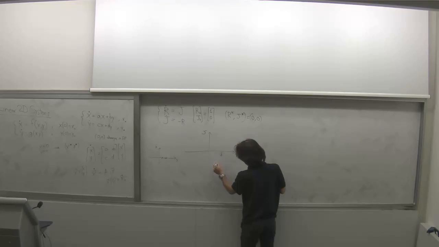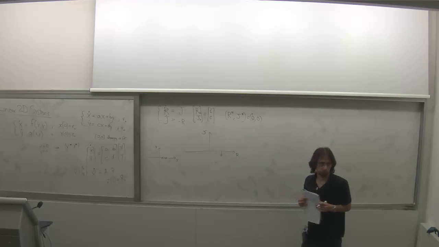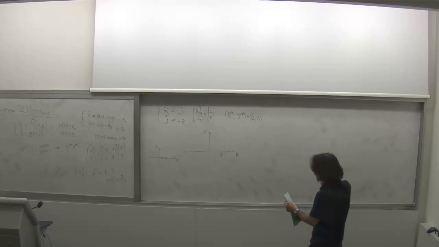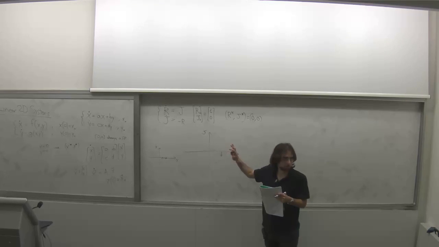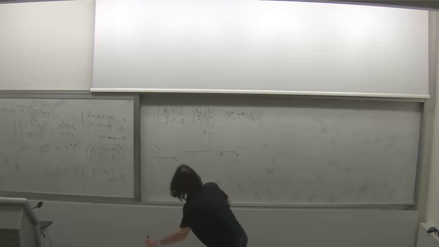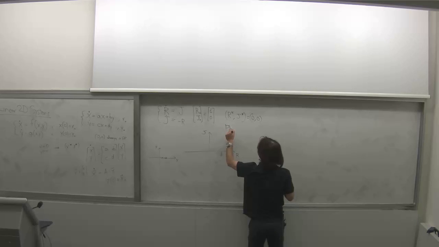So I can construct my vector for this point, just very roughly. And I keep doing this for different places on the phase plane. Okay, so phase plane, that's a definition that you should know.